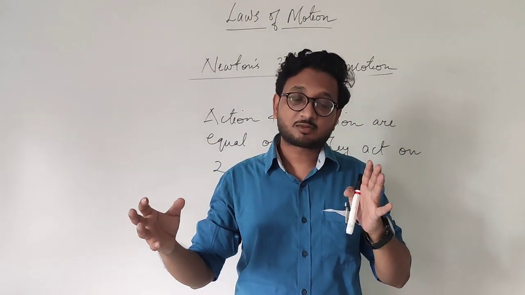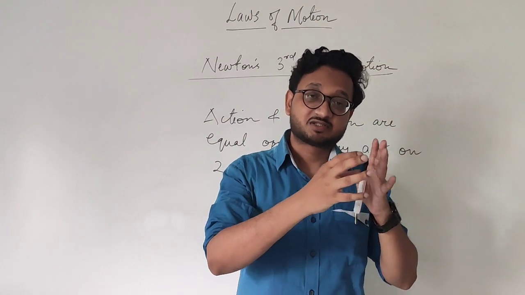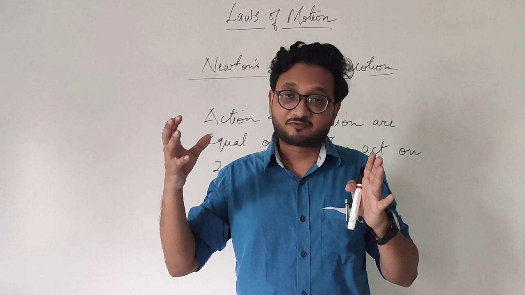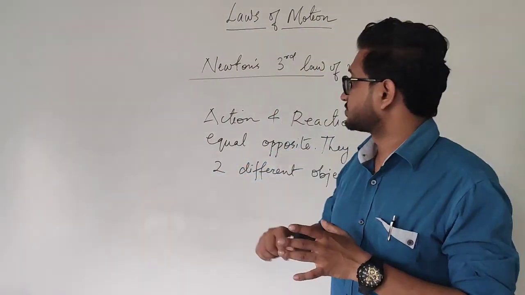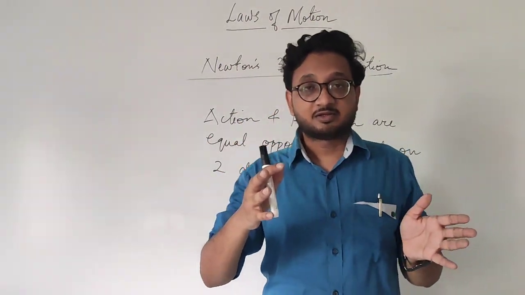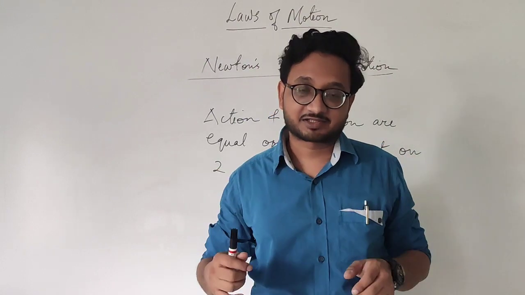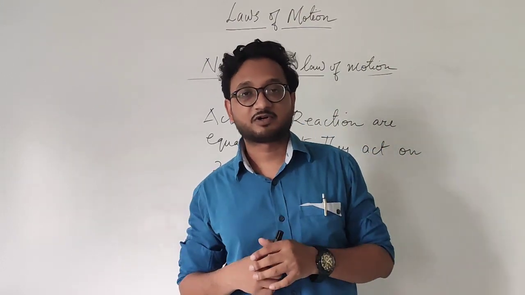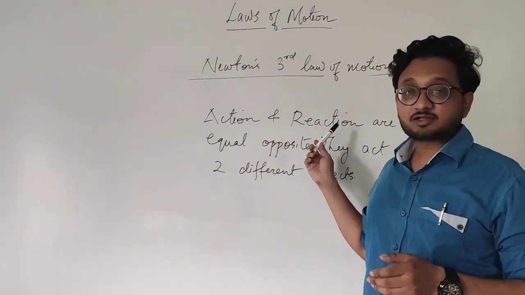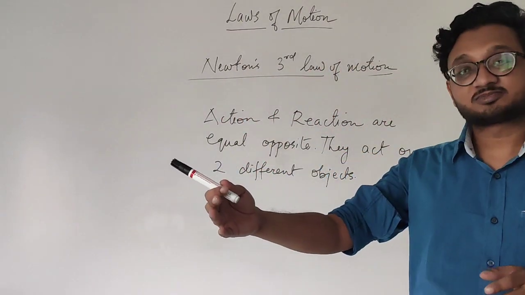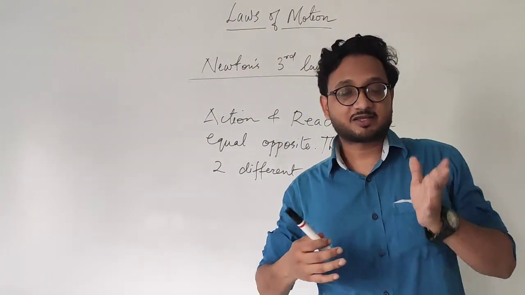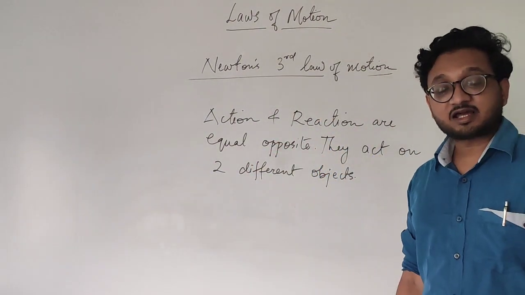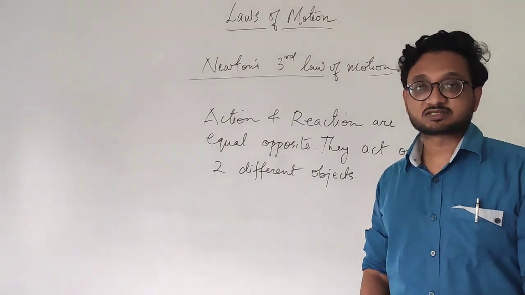The force that the first object applies is called action, and the second object gives the reaction. That is the second force, applied by the second object on the first one. So they act on two different objects.